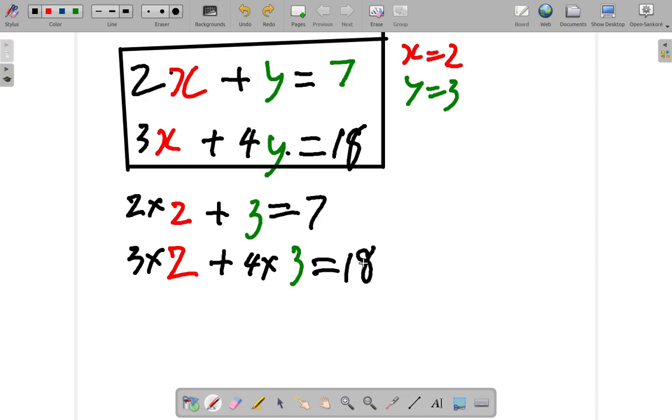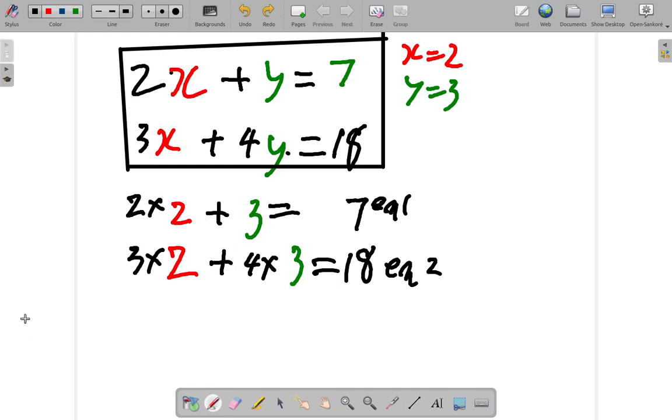All right, now let's call this equation 1 and this equation 2. Suppose we add both equations. By the way, let me line up the 7 with the 18. We want the numbers in line, the x's in line, the y's in line. So it's 7. All right, we have 7 here.